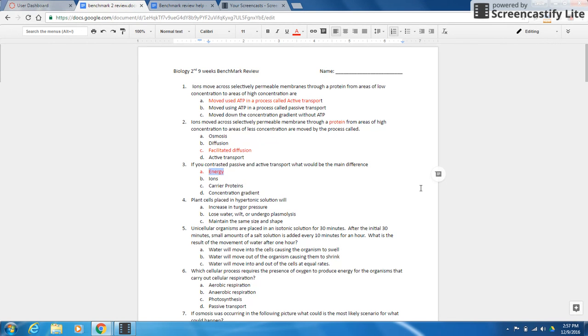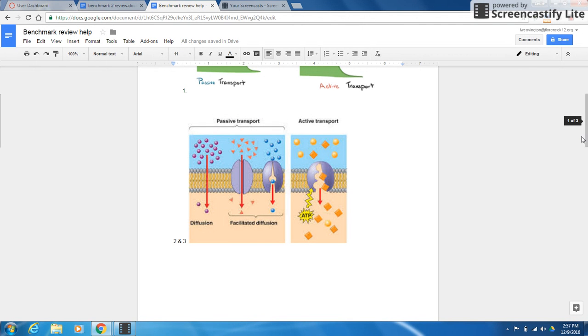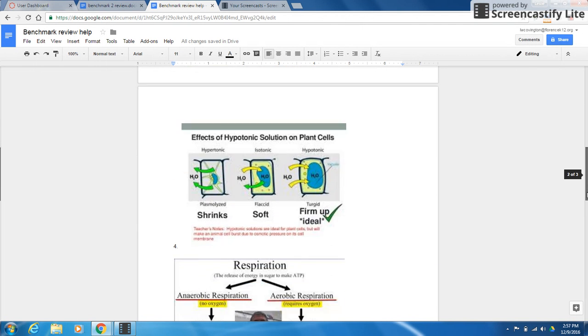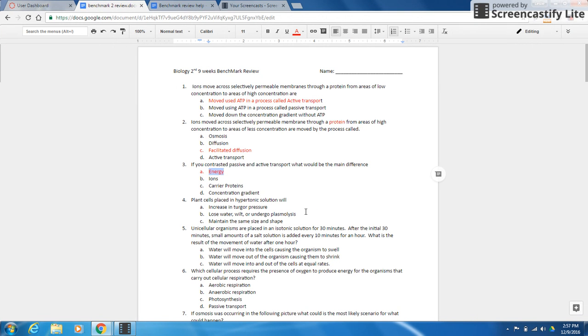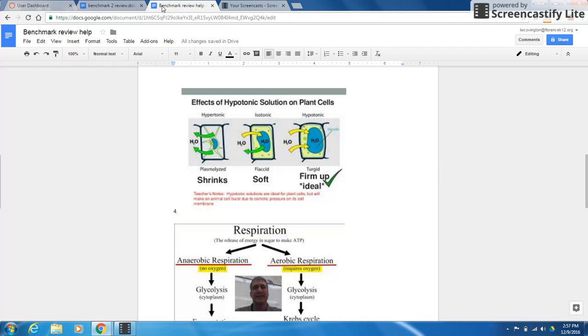Number 4 is plant cells in a hypertonic solution, and this is kind of difficult to grasp. If you put a plant cell in a hypertonic solution, what's going to happen? In this case, we're going to lose water and wilt because of what the hypertonic solution will cause.